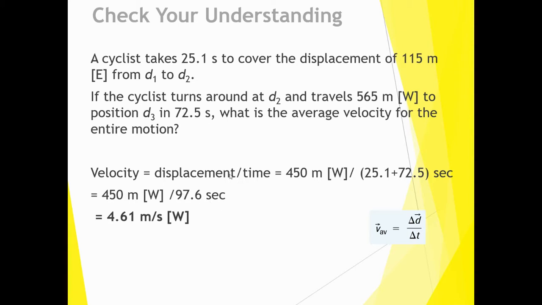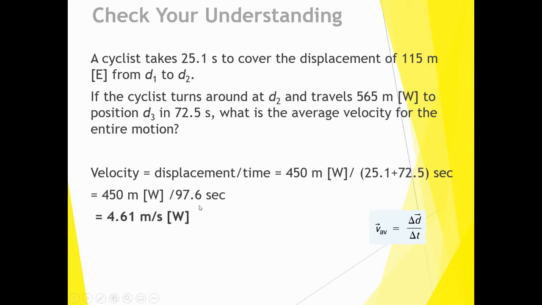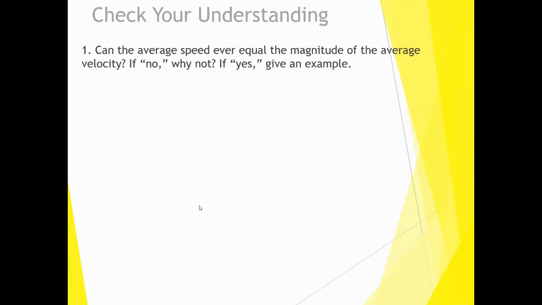So when we take that displacement divided by the time, we get 4.61 meters per second west. And again, velocity has direction. And we know that based on our little sketch, he ends up heading west overall. So a couple more quick questions.